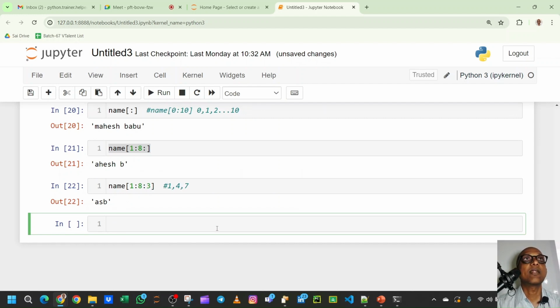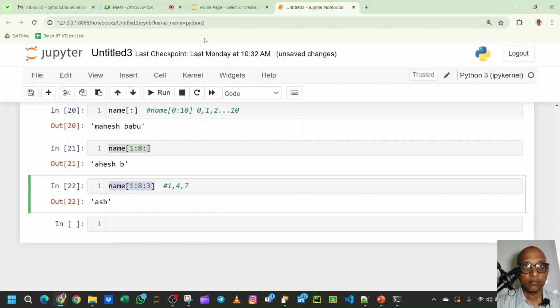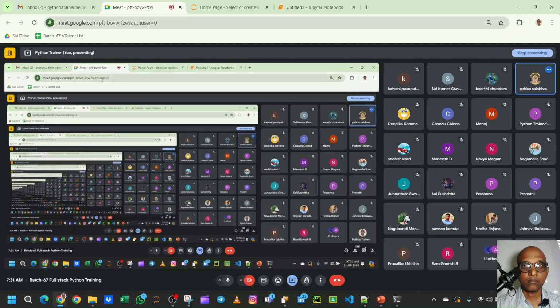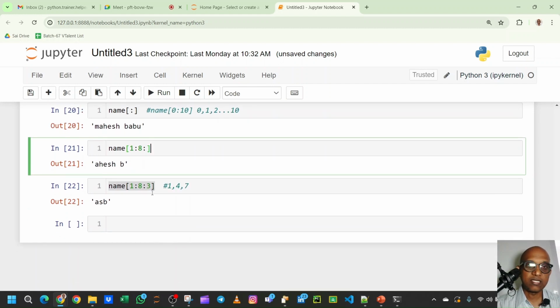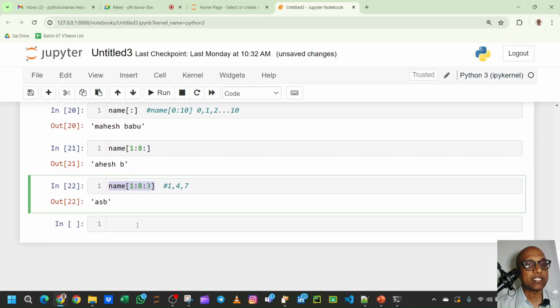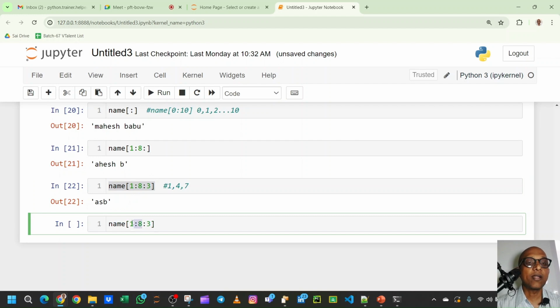Clear? Anyone have any questions? Without giving the first and last value, can we use only the increment value? Yes, we can do that also. That's my next point. I can also say this: for example, 1 colon 10 colon 3. Here, what is the first number?